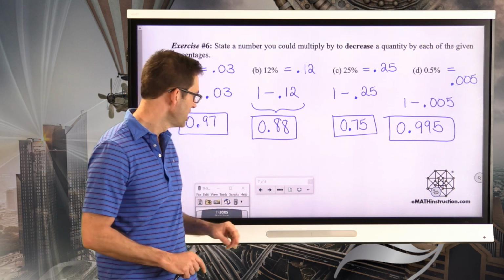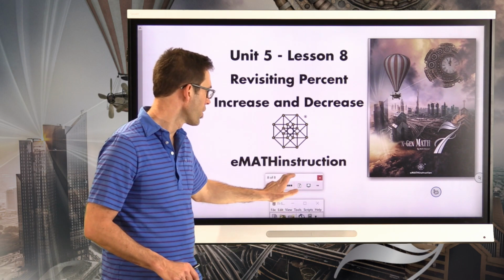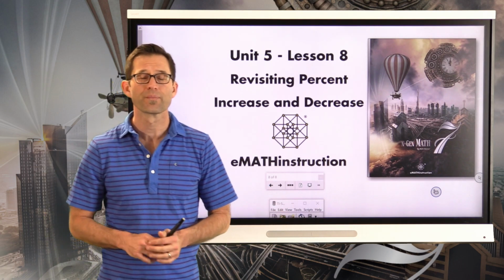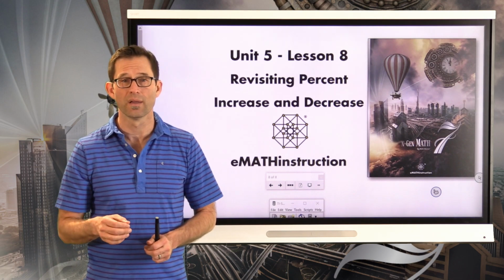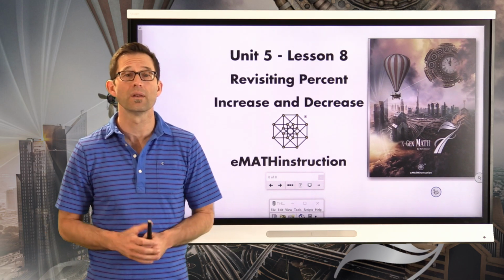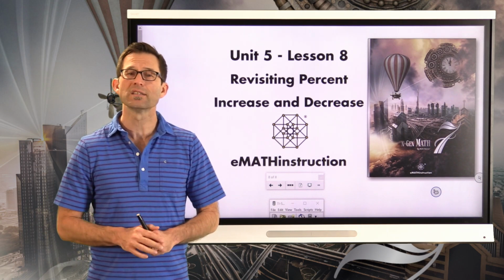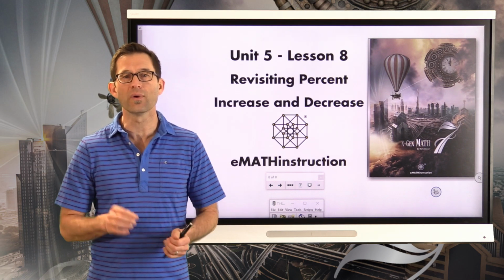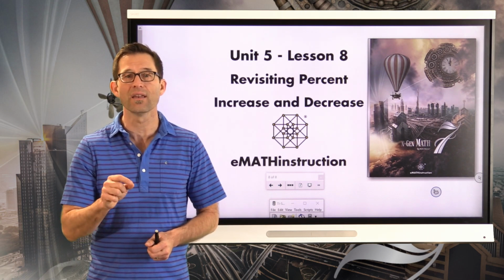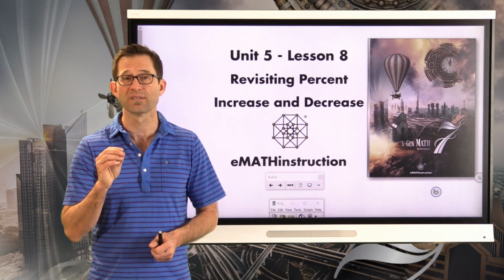All right, let's summarize. We did a lot of work in a unit on percent with percent increase and percent decrease. We did a ton of work, and we always did it in 2 steps. But in today's lesson, what we saw is by thinking about factoring, we can actually understand why you can increase or decrease a number by a certain percent using the product that involves just a single number.